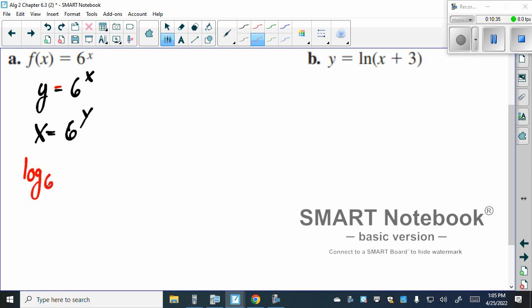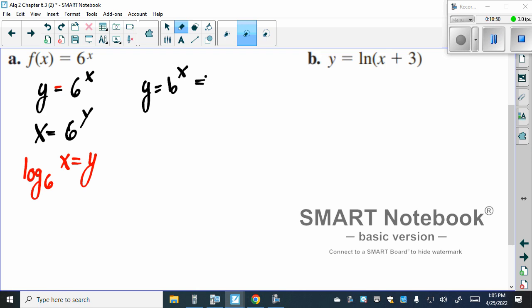Base 6 of x is equal to, because this is going off the fact that y equals b to the x if and only if log base b of y is equal to x. And on the inverse, we are switching x and y. So that's why the y and x are flipped when we're looking at its inverse.